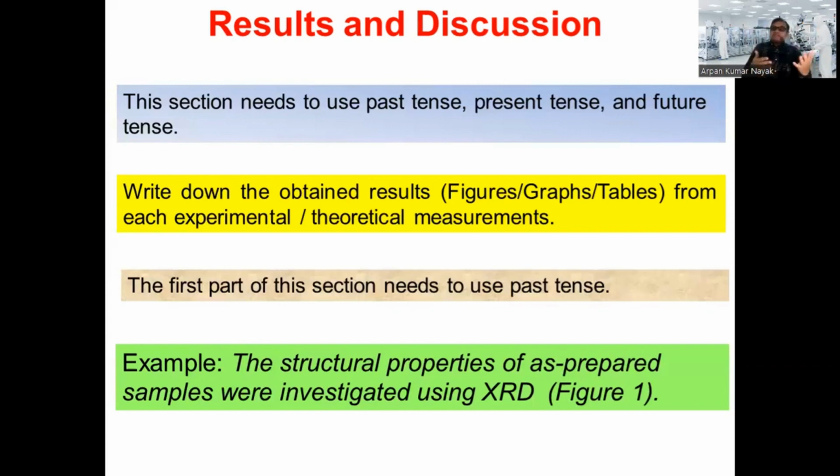For theoretical analysis, similarly, this was used or were used to understand this. So I think it is clear what the first section of the results and discussion should be and which tense we write it in.